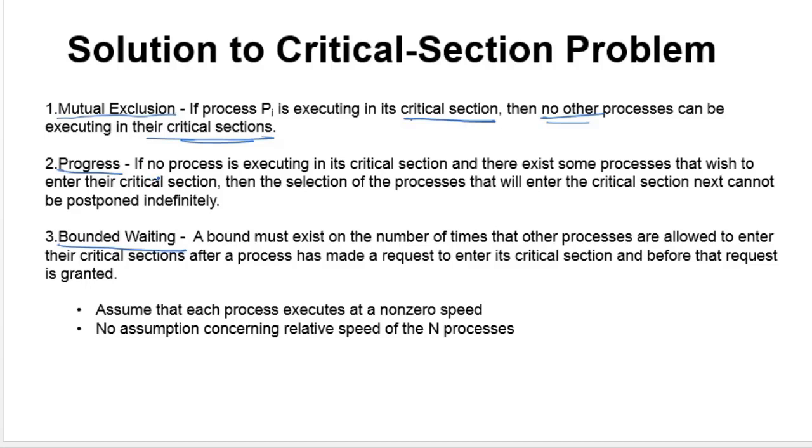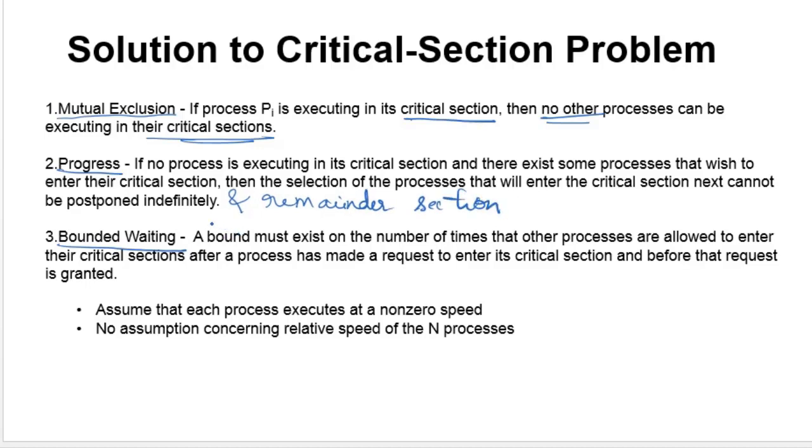This property we call it as progress. I repeat, if no process is executing in its critical section and if there exists some process that wish to enter their critical section, then selection of the process that will enter critical section next cannot be postponed indefinitely, and also in the race only those processes can participate which are not executing the remainder section.